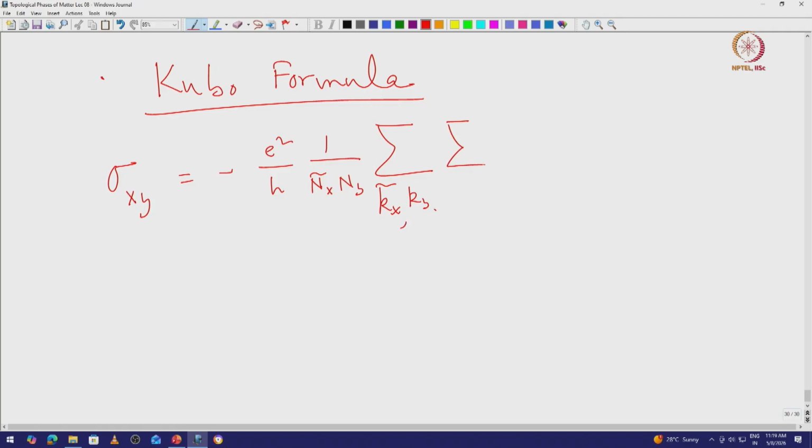We also have now P number of bands, right. So we will have this calculation that you need to look up or do yourself.